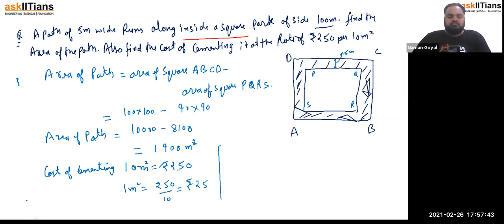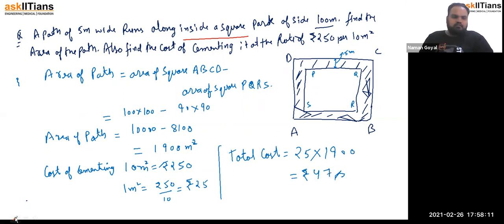Now the question is asking for the total cost. So total cost is 25 multiplied by the area, 1900. So how much did we get? Rupees 47,500.